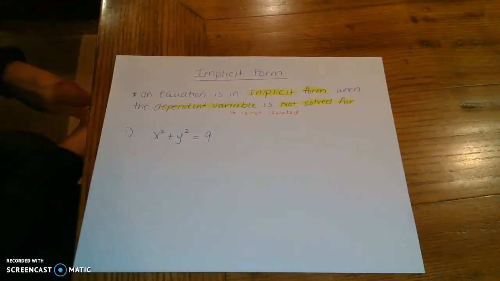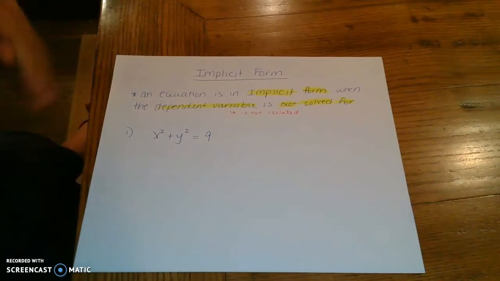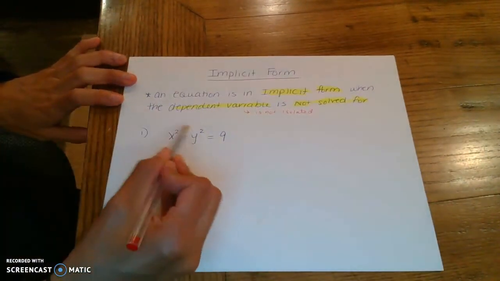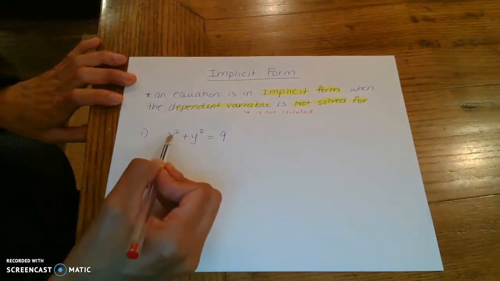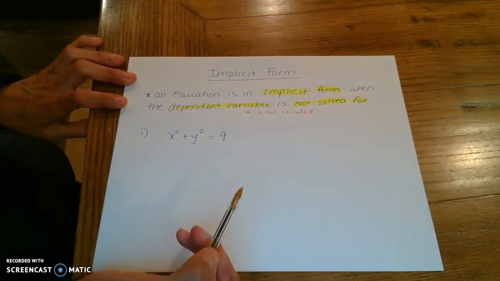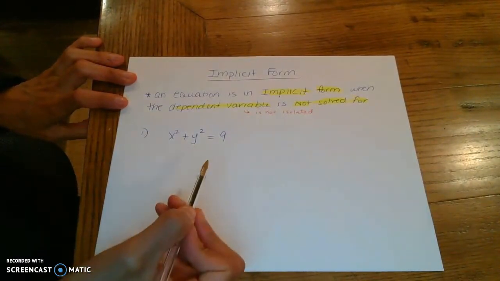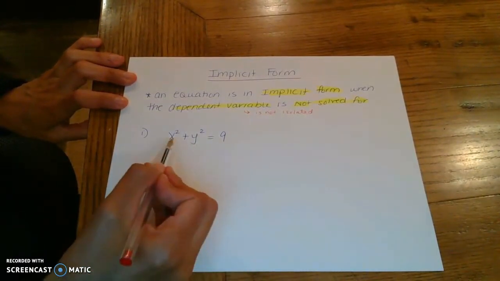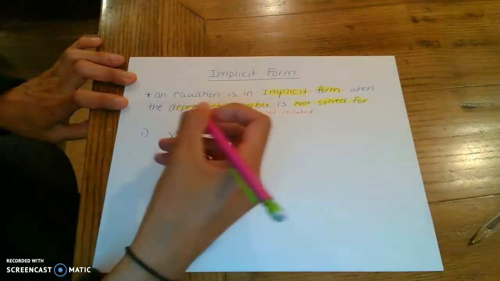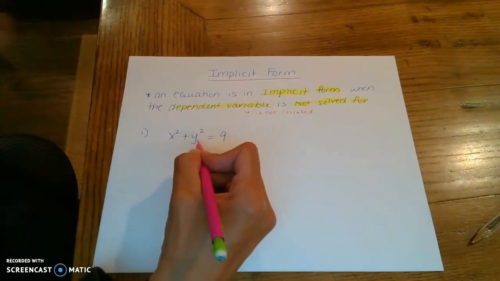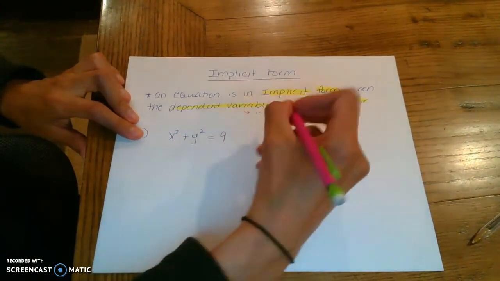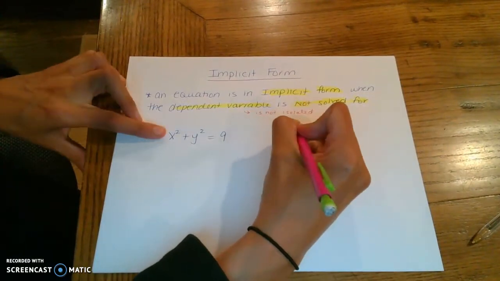You can go ahead and take the derivative in implicit form, and that's what we're going to talk about right now. So if you're looking here, do you see how the variables are not solved for? And you could say, well, forget that, I'm just going to solve for it. I'm just going to always put it in explicit form. I don't want to learn something new. Well, that's not so easy, because if you tried to put this in explicit form, solving for y being the dependent variable, you would have to subtract that x squared.